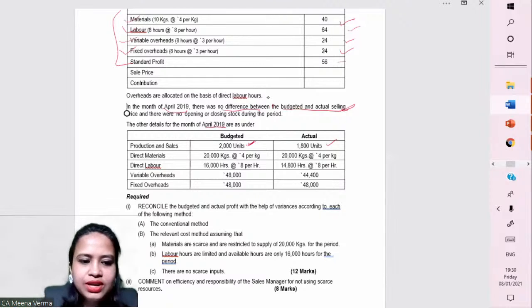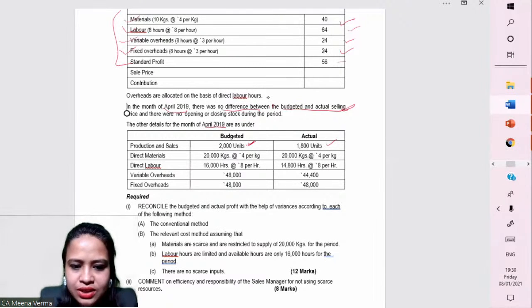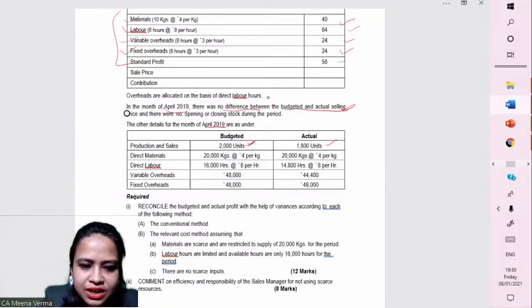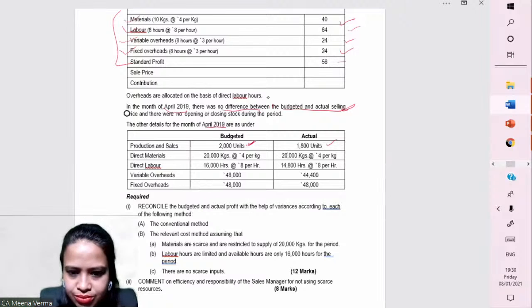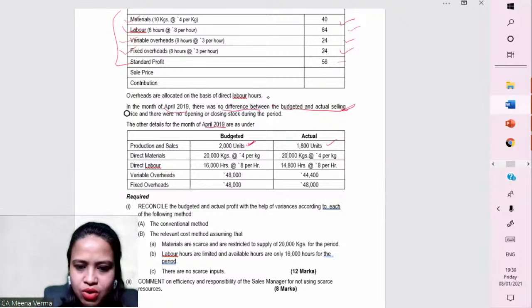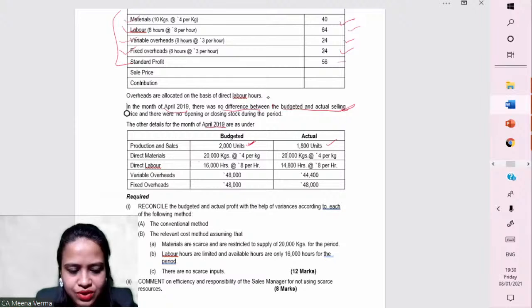Direct material cost, this is the budgeted direct material cost, actual material cost, budgeted labor cost, actual labor cost, budgeted variable overheads, actual variable overheads, budgeted fixed overhead, actual fixed overhead. So we have all this information with us.